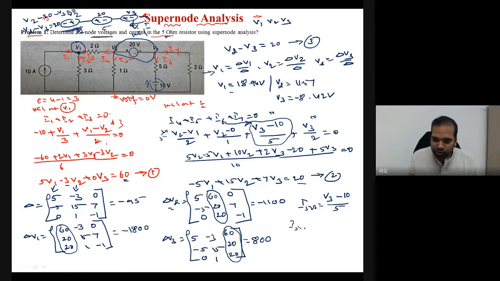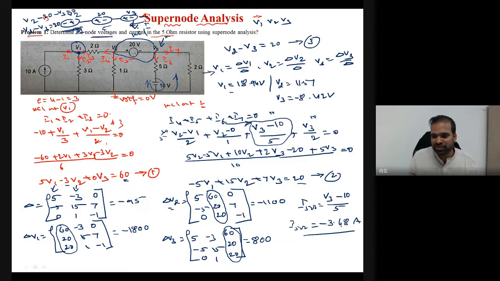The current through the 5 ohm resistor equals minus 3.68 ampere. Now you get minus 3.68. What does it mean? The current could be 1 ampere, 2 ampere, right? So what exactly does minus 3.68 mean? Your assumed current direction is from up to down. But what is the actual current direction in the circuit? As I am using the 10 volt voltage source, the current goes like this, but you have assumed the opposite direction.